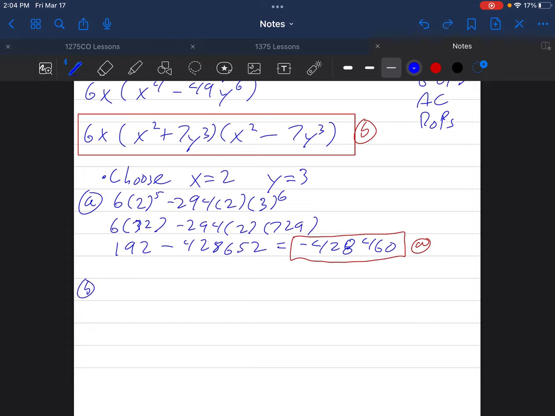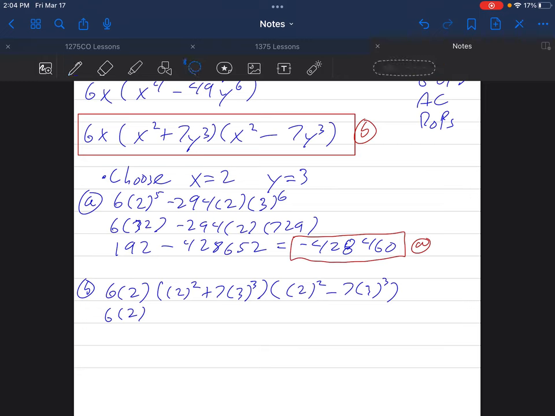Now let's look at expression B. We have it written right up here. So let's plug in 2 for x, 2 squared plus 7 times 3 to the 3rd power, and then 2 to the 2nd power minus 7 times 3 to the 3rd power. On the outside of the parentheses, 6 times 2.